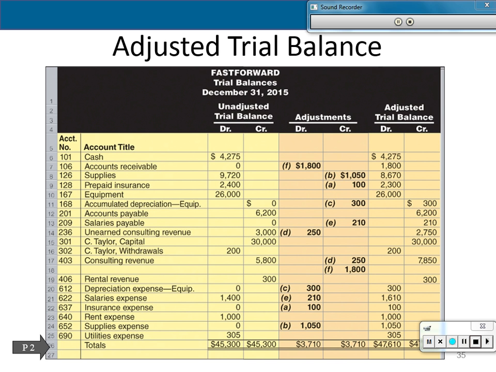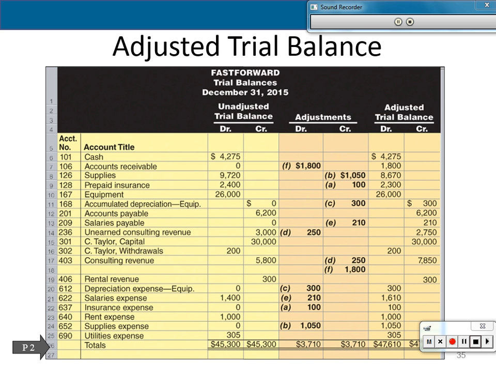Everybody sees that? So looking at this, cash was $4,275. Were there any adjustments to cash? No. So the balance is still what? $4,275. Accounts receivable started off with 0, but then we added $1,800. So now the balance of it is what? $1,800. Supplies started off with $9,720.